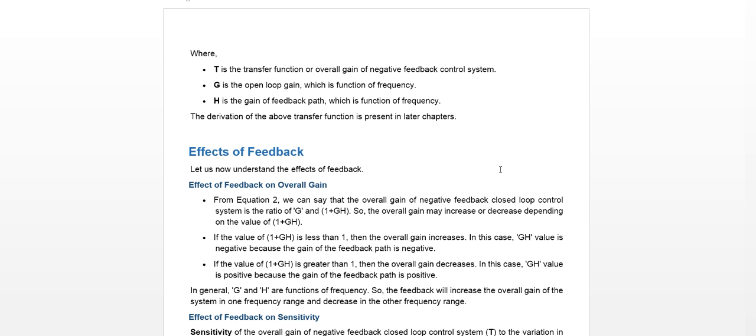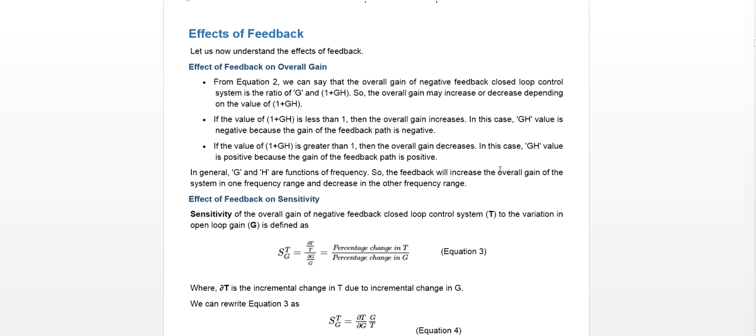In this case, the GH value is negative because the gain of the feedback path is negative. If the value of 1 plus GH is greater than 1, then the overall gain decreases. In this case, the GH value is positive because the gain of the feedback path is positive. In general, G and H are functions of frequency. So the feedback will increase the overall gain of the system in one frequency range and decrease it in the other frequency range.